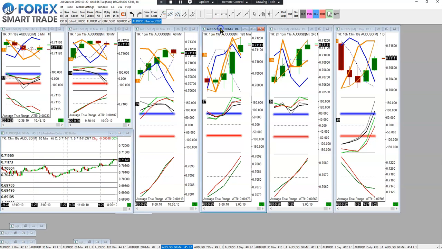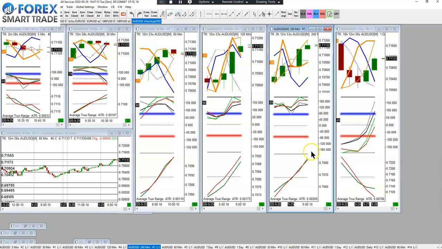On my 120, my 2-hour chart, I've got up pressure with red on top. I've got the majors and minors overbought, starting to turn, but they haven't crossed yet. Again, on my 240, red on top.